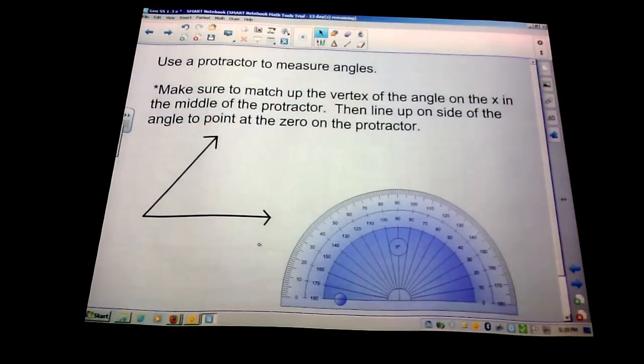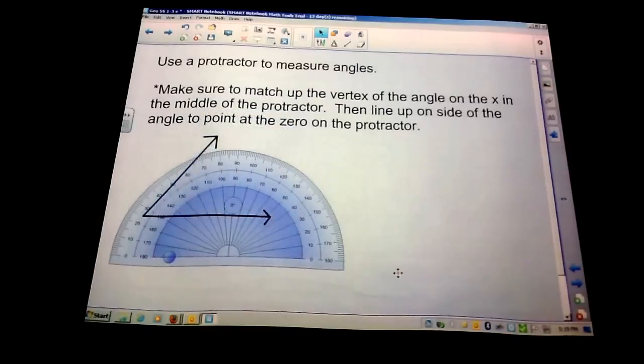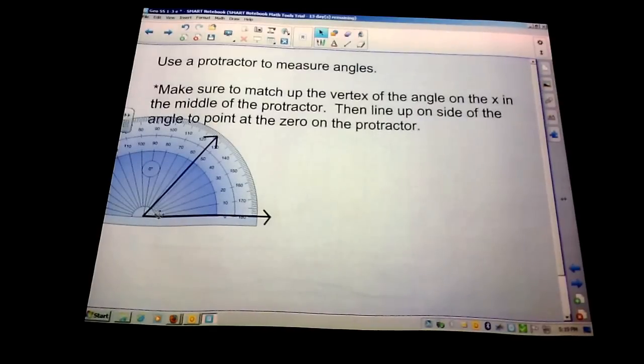Alright, now we've already had a video on how to use the protractor. So I've got an angle up here, and the protractor already pulled up, and hopefully you already know, because we've had a lesson on it, how to use the protractor. So key points again. Right here in the center, where these two 90 degrees meet, you need to put the center of your protractor right on the vertex of your angle, and have the initial side of your angle, this ray right here, facing right at the 0.